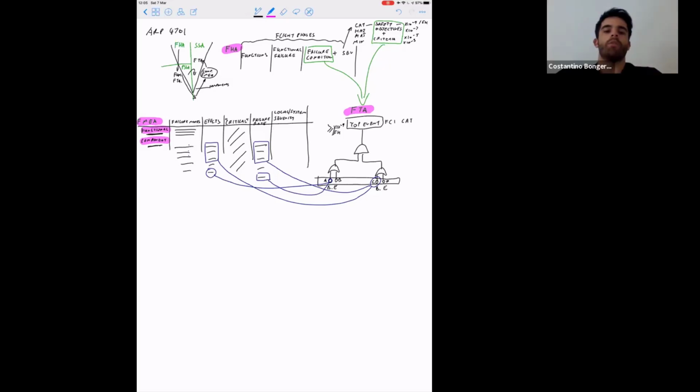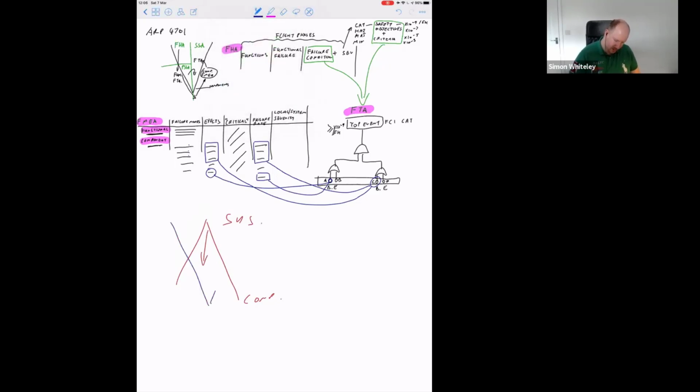So if this is the FTA approach, going this way, an FMEA is going the other way, like that. At some point they'll meet, in theory, and that's what this link is here. That's where they meet.